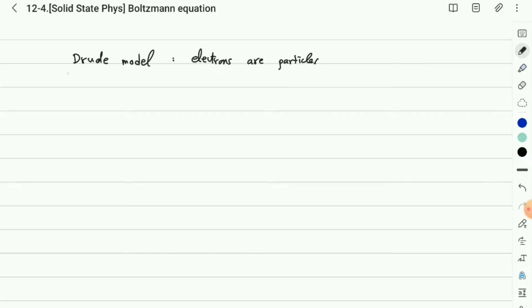But in Boltzmann transport, we deal with the electronic distribution of particles.